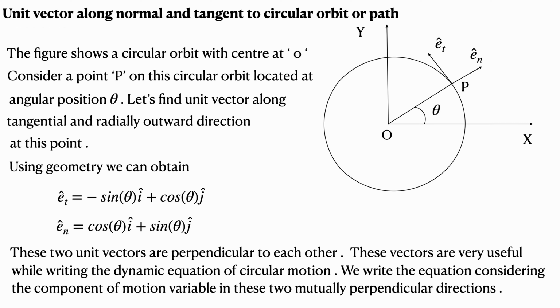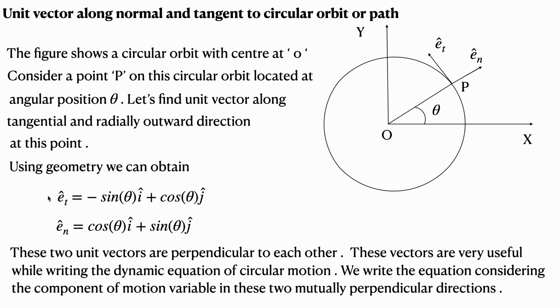Unit vectors along the normal and tangent to the circular orbit or path. The figure shows a circular orbit with center at O, and consider a point P on this circular orbit located at angular position theta. Let's find the unit vectors along the tangential and radially outward directions at this point.